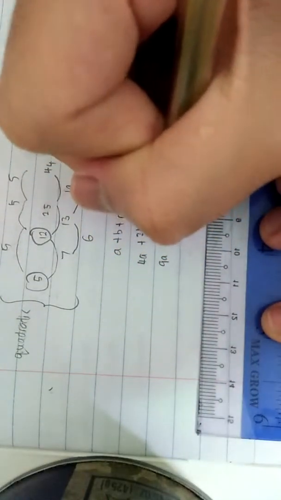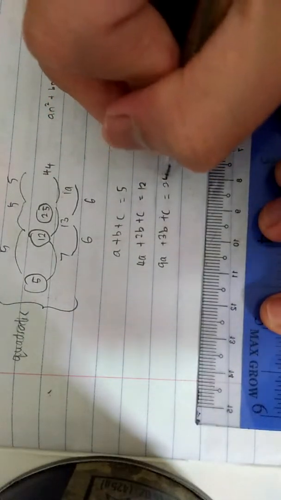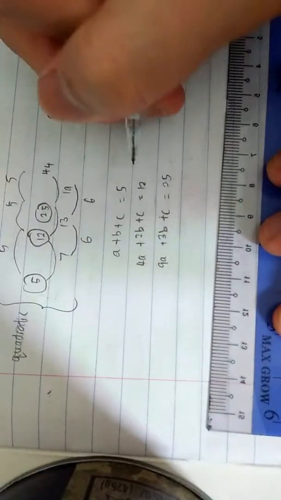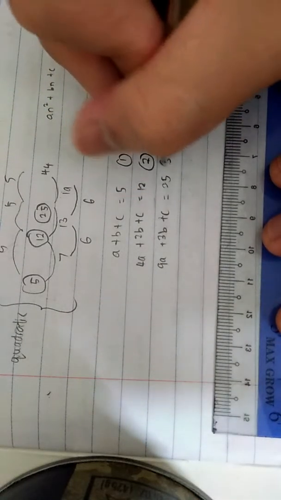Now your third thing you have to write is 9a plus 3b, see, b, 2b, and 3b, but your c remains constant. And you write the third term here, 25. So now you label your equations: first equation, second equation, and third equation.